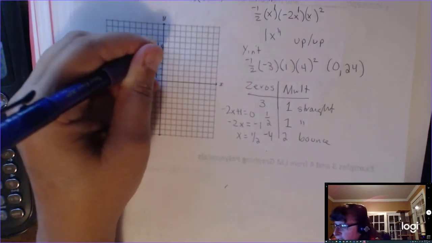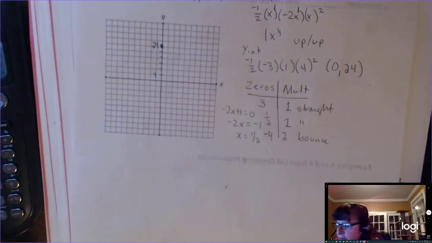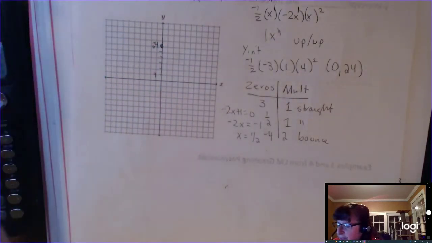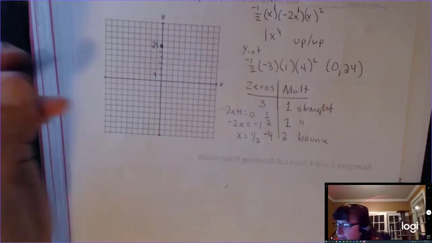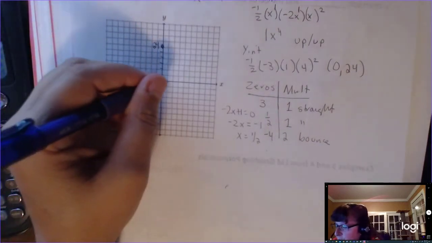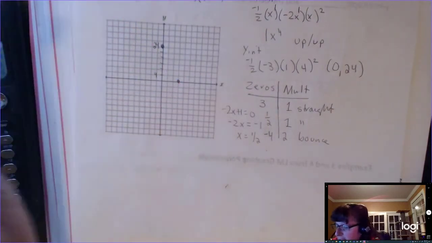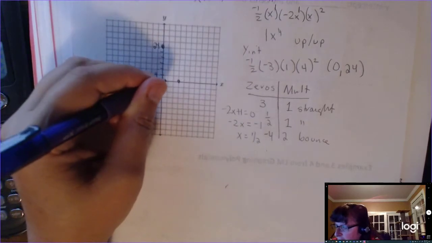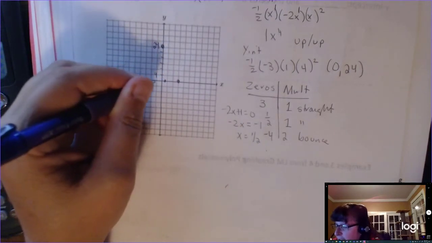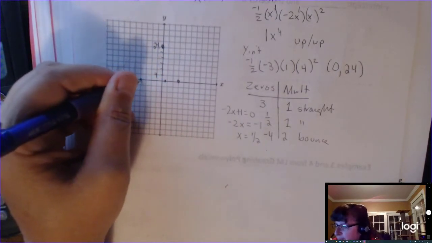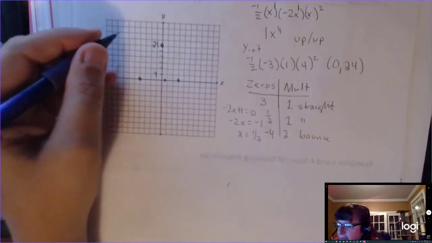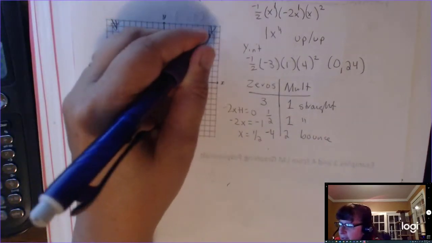So decide to count by 4s there. There's (0, 24). Let's count by 1s, or you could count by 1/2. I'll count by 1s. 1, 2, 3. There's a 0 at 3. We got a 0 of a half, and then you have a 0 at negative 4. Alright, and the end behavior is up, up.